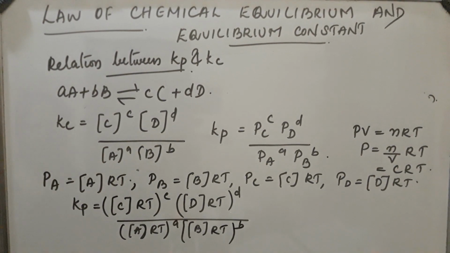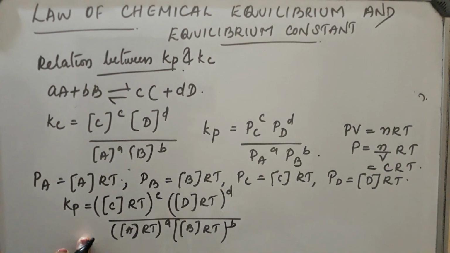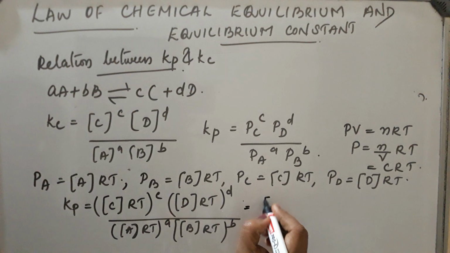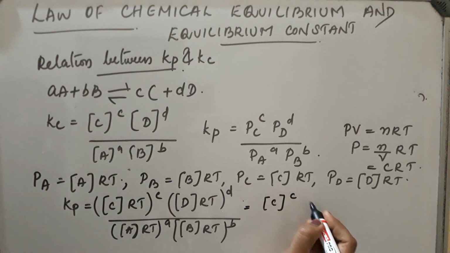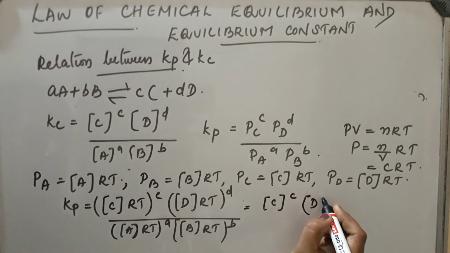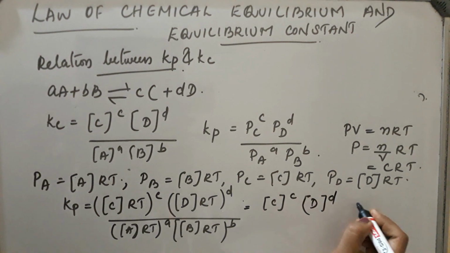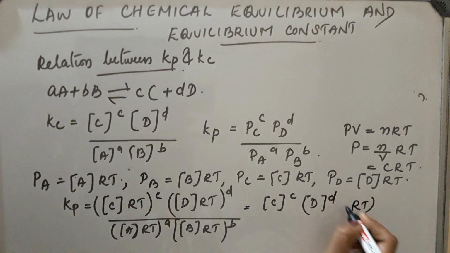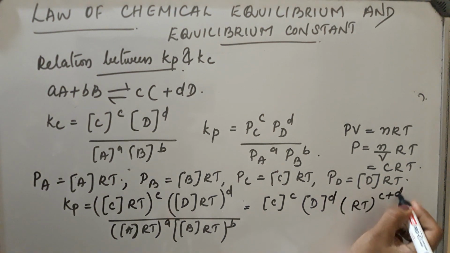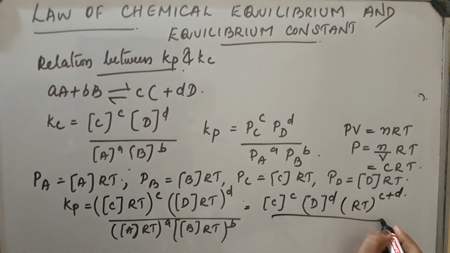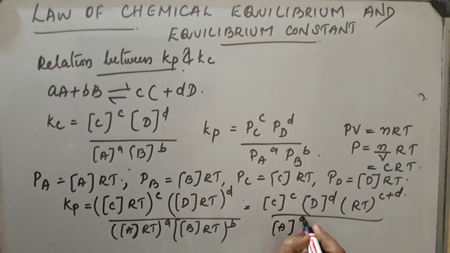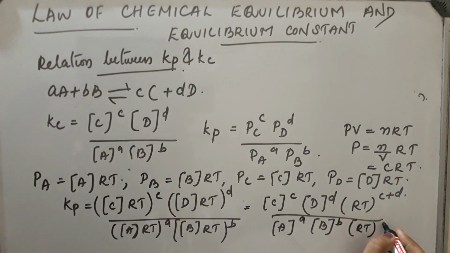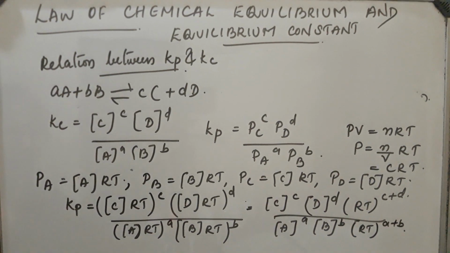This is equal to C raised to c into D raised to d, times RT raised to c plus d. We can write it like this. Similarly, in the denominator, the concentration of A raised to a into the concentration of B raised to b, into RT raised to a plus b.